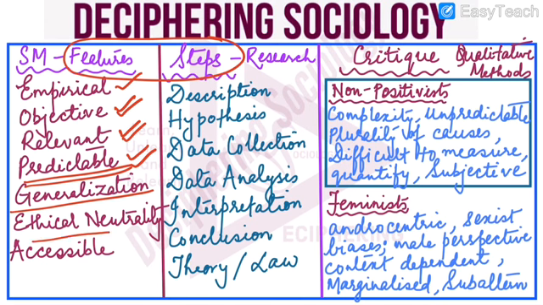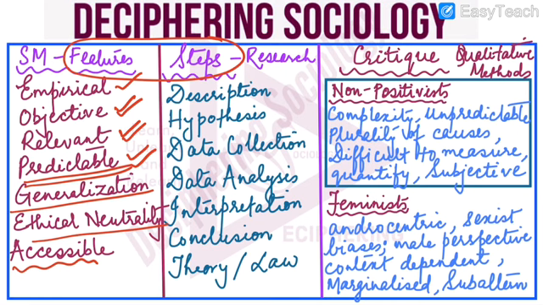Similarly, there is ethical neutrality. It means the researchers' biases and prejudices are not included. This is known as research ethics. Also, it is accessible. The method should be accessible to everyone. We should not have boundaries. So these are the features that you need to write when you are asked in the question.